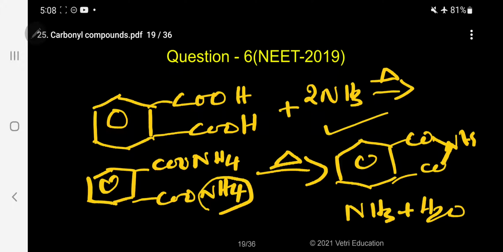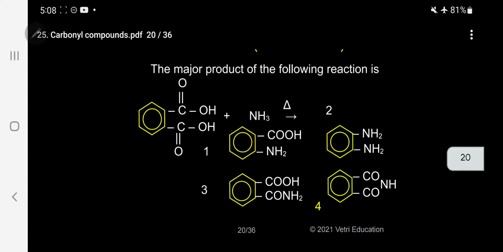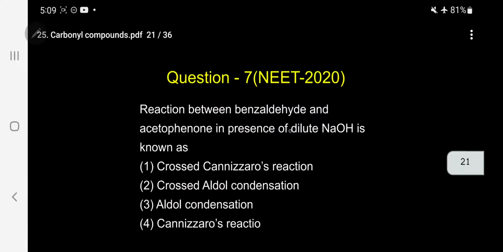Kindly follow. So let me go for the answer. Now, answer 4 is the correct answer. Kindly follow. This is actually based on Planck's rule. Anyhow, let me go for the next question.